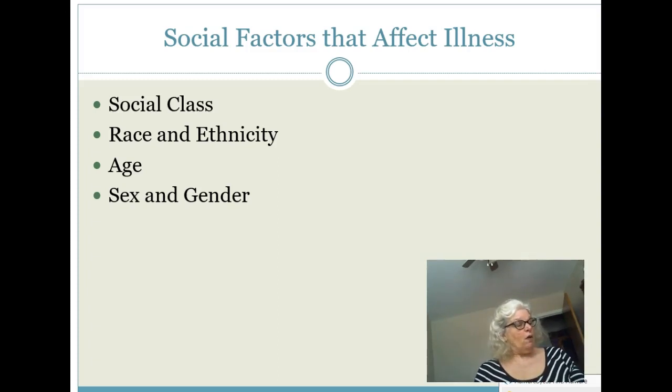Social class also affects the amount of food we have available to us, but not only the amount of food, but the type of food available. When there are economic issues that affect the food you can buy, processed food is cheaper than fresh food. So what do poor families live on?